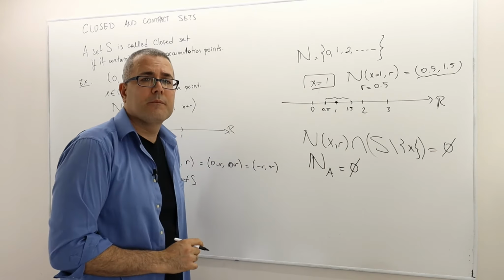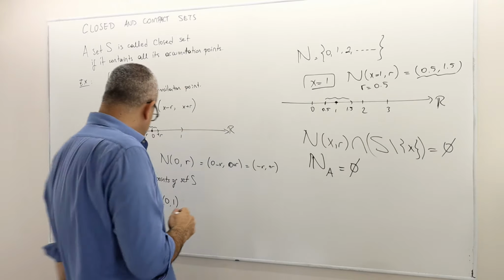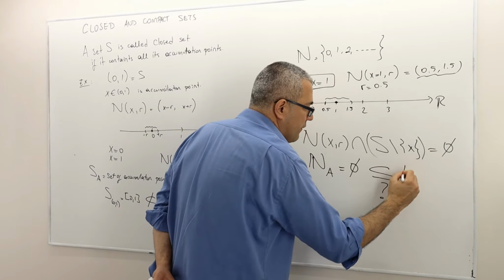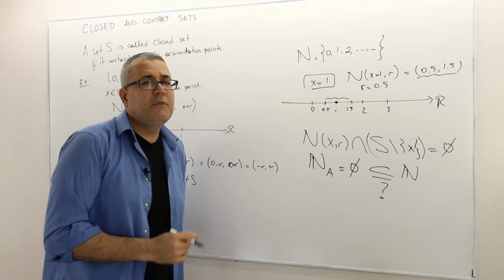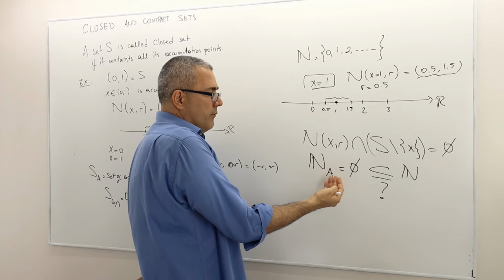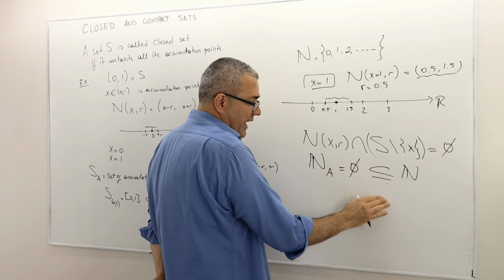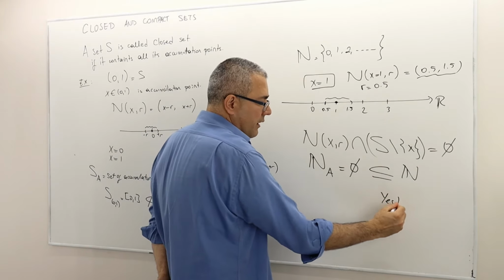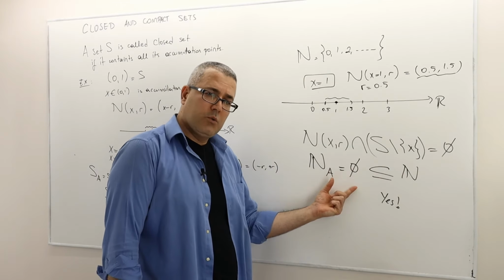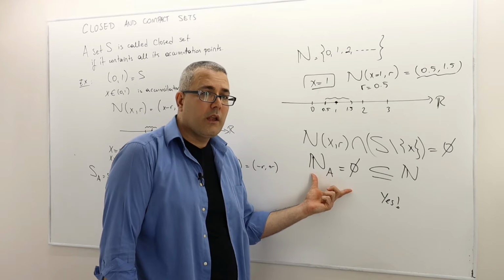empty set. Question: is it a subset of the set of natural numbers? Well, the empty set is a subset of all sets. So the answer is yes. That means the natural numbers include all their accumulation points.